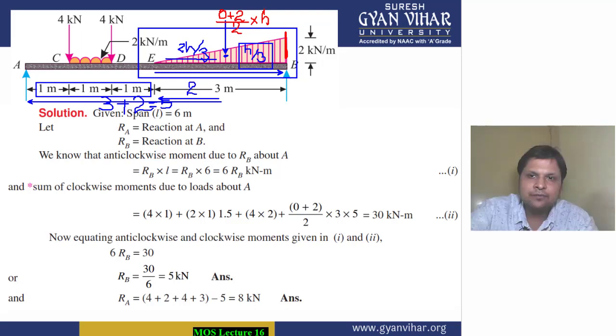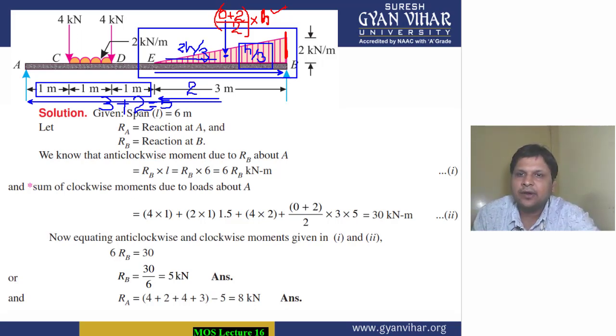This will give you the total load, which can be supposed to be the point load having the same effect as the UVL. So we have added the extreme values of the load at point E and point B, divided by 2, and multiplied with this particular distance from E to B, which we are writing as h.